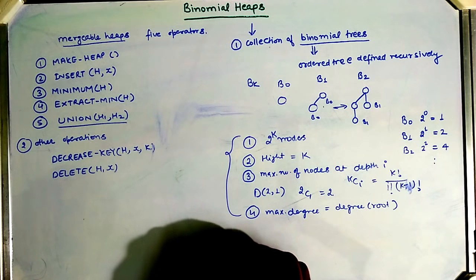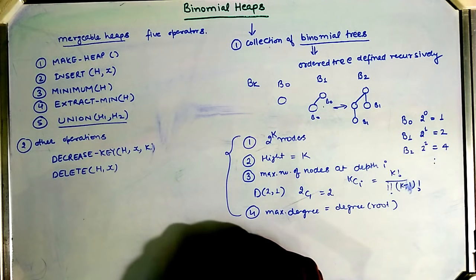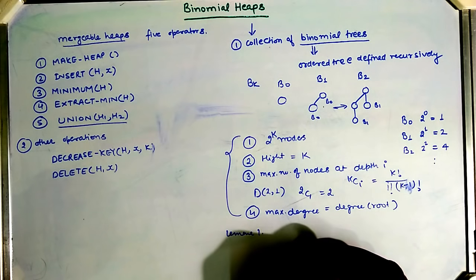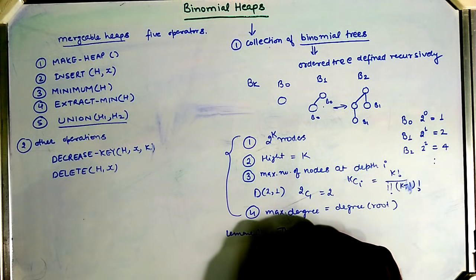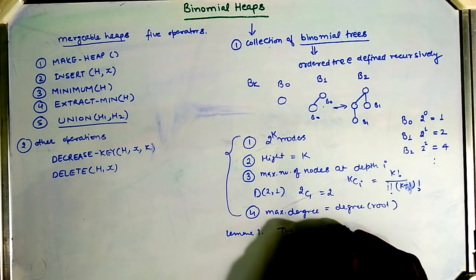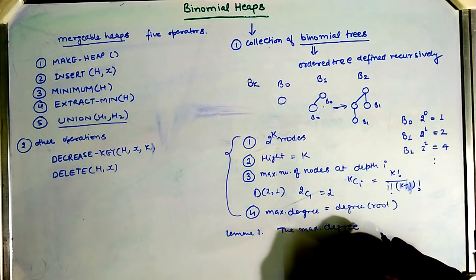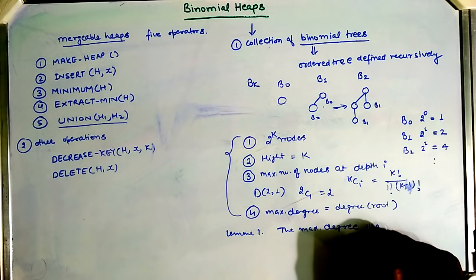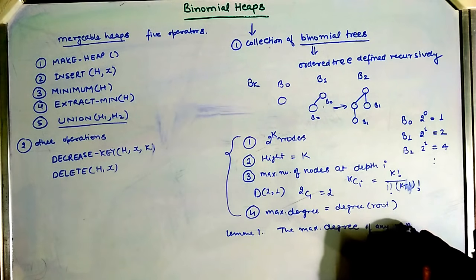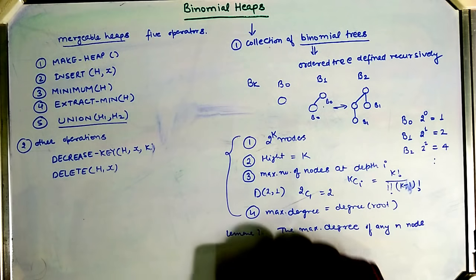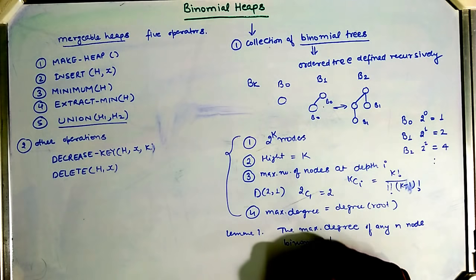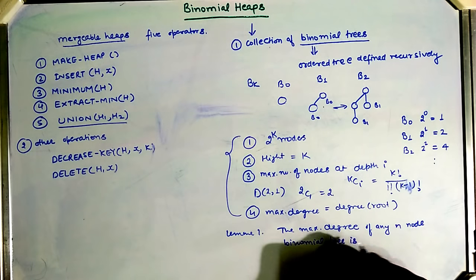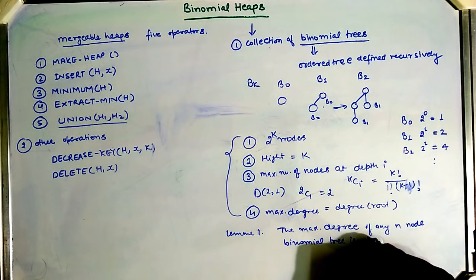Lemma 1 is: the maximum degree of any n-node binomial tree is nothing but log n.